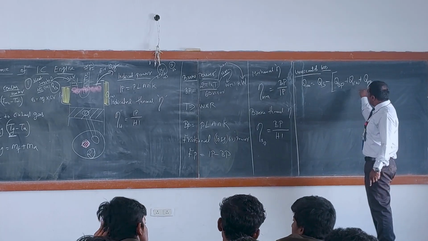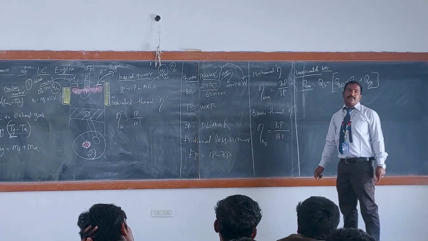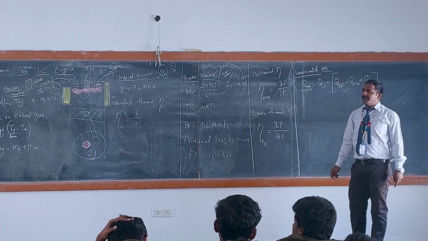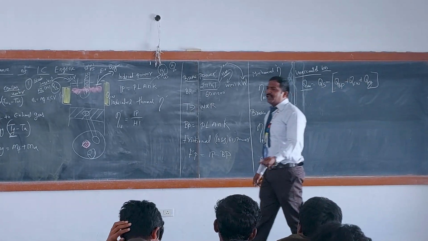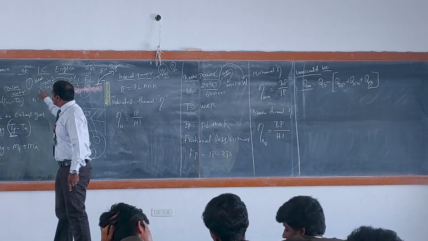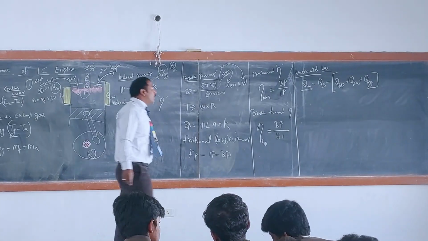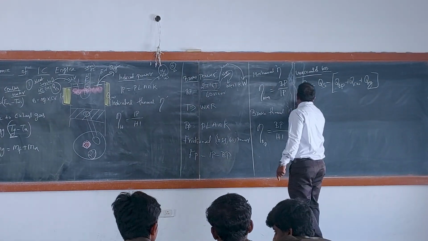Correct? If you subtract all these three, you get the unaccounted loss. Correct? So we have heat losses 1, 2, 3, and the 4th one is unaccounted loss. You have to calculate the percentage of heat loss.